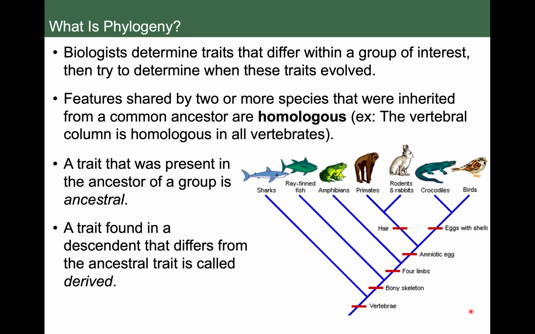And so there's this important idea that comes up in the field of phylogeny, which is the idea of homology. So you could say these particular traits are homologous between these two organisms. So, for example, let's say primates and rodents both have ears, right? So that's a trait, a character that these two groups share with each other.